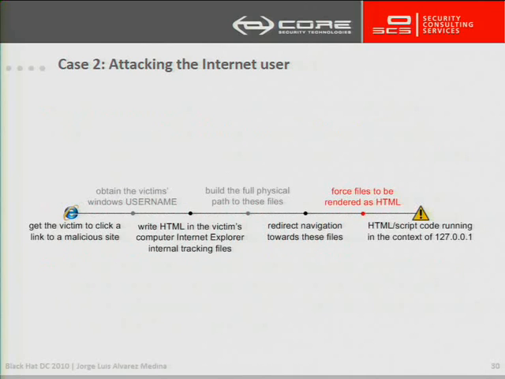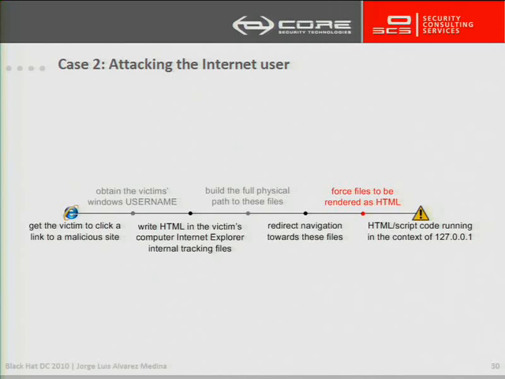This way, the attacker could manage to obtain the victim's actual username. That username will be needed to carry out the attack later on. In the meantime, this malicious web page the user is visiting will write malicious HTML code in the victim's computer tracking files.